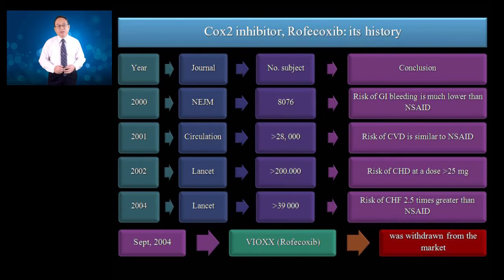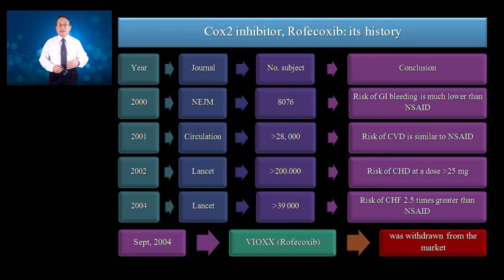As we all know, rofecoxib is a COX-2 inhibitor. It was proposed to be better than non-steroidal anti-inflammatory drugs, because the problem of NSAIDs is gastric bleeding. This drug was introduced to reduce the risk of gastric bleeding.